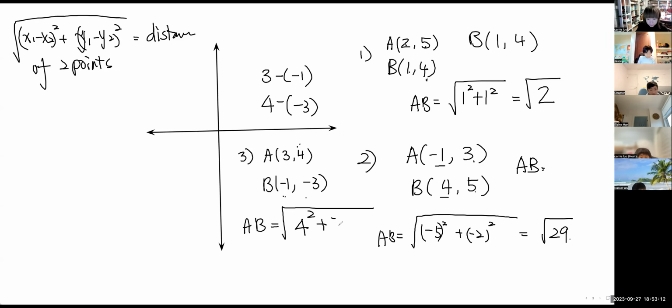Very good, so plus 7 squared. Can you tell me 4 squared plus 7 squared equals what? 65.